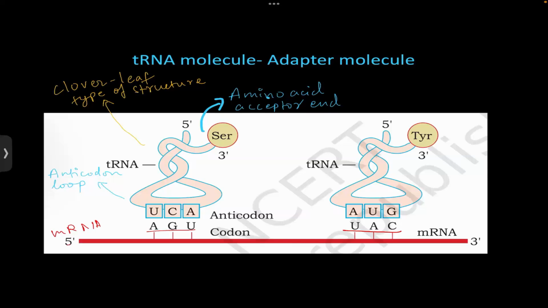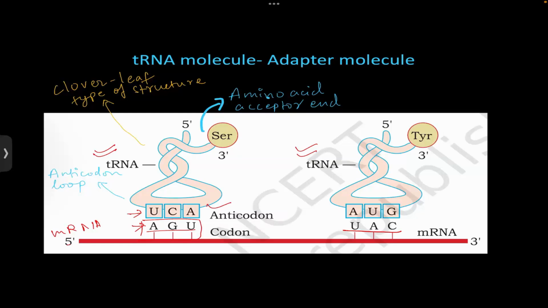And on one end of this tRNA molecule, this is the cartoon depiction of that tRNA molecule, there is a combination of three bases. And these three bases are complementary to the bases that are there in the mRNA. So this is called a codon, and the sequence that is complementary to this codon is called the anticodon, right?